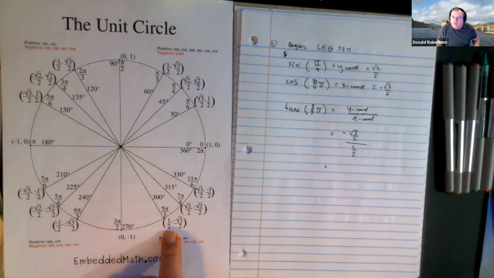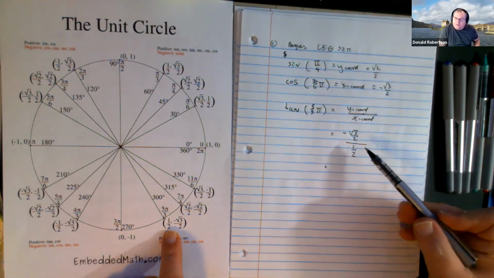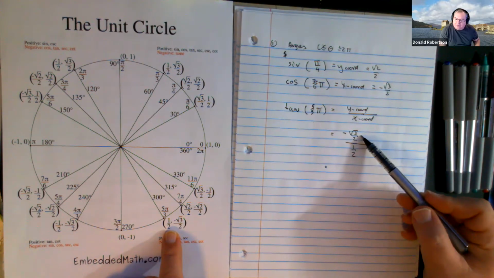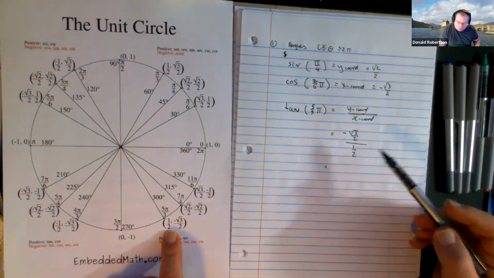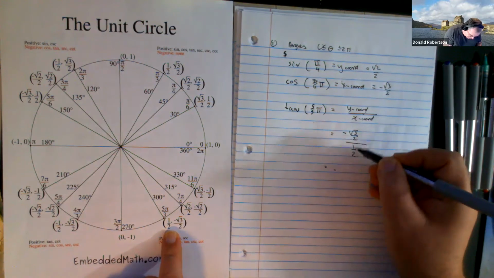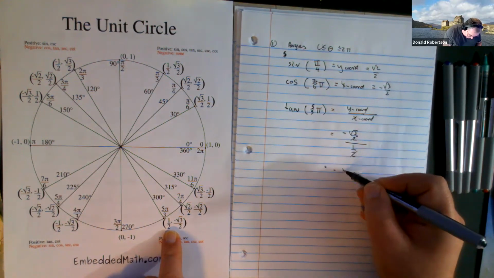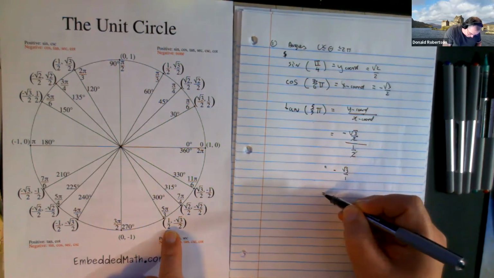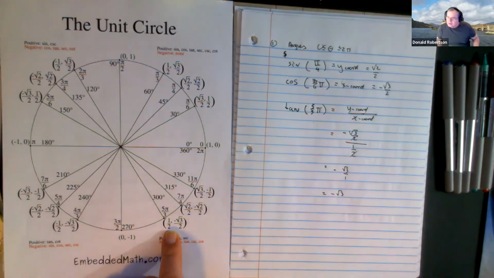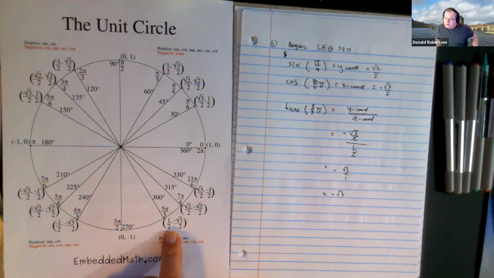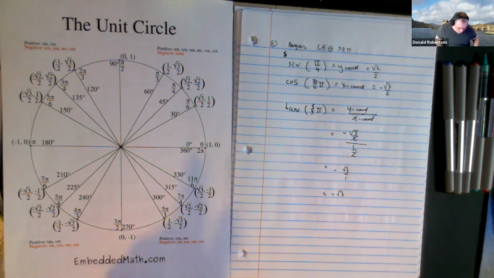Let me tell you a little trick. Whenever you have a fraction that's made up of a fraction on the top and a fraction on the bottom, you can eliminate the 2, so they essentially cancel out. So we go with that, and we get -√3.